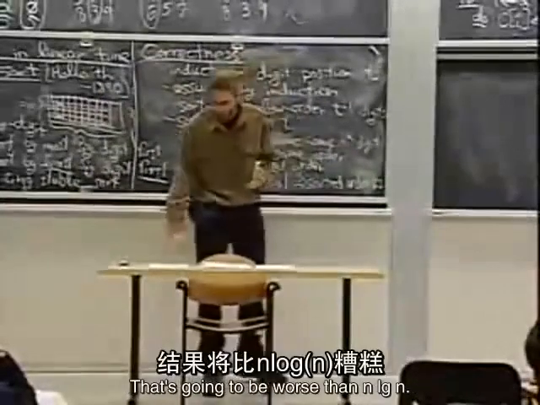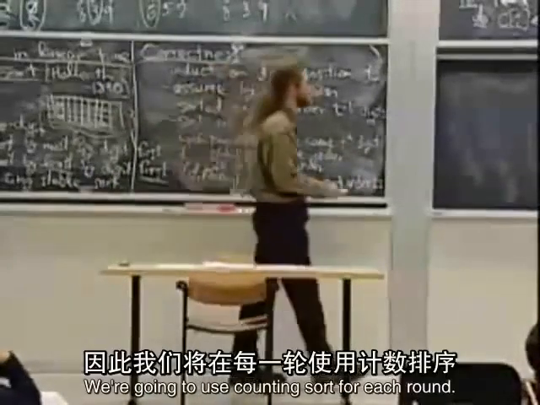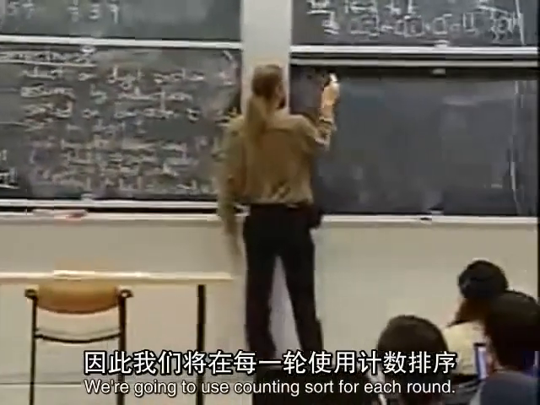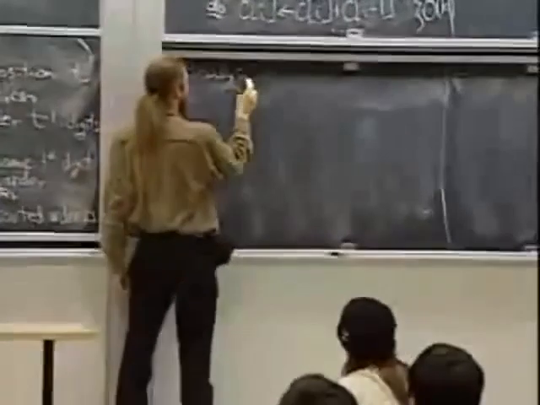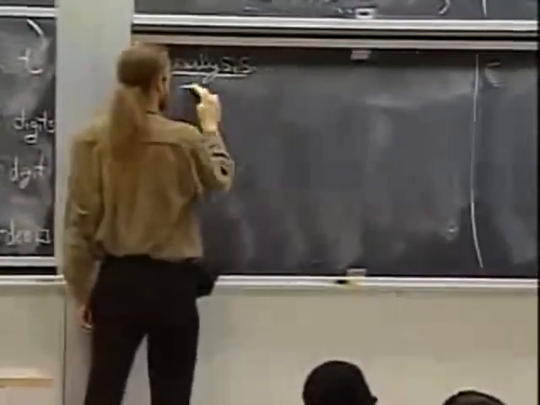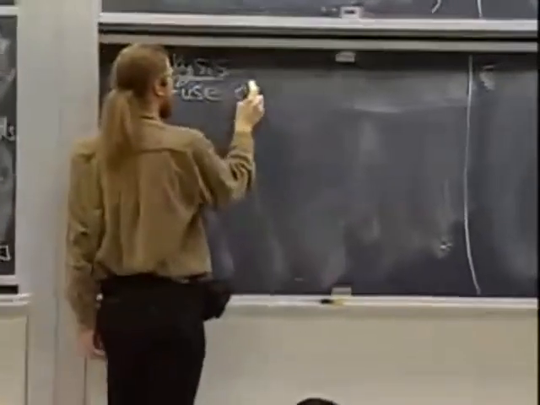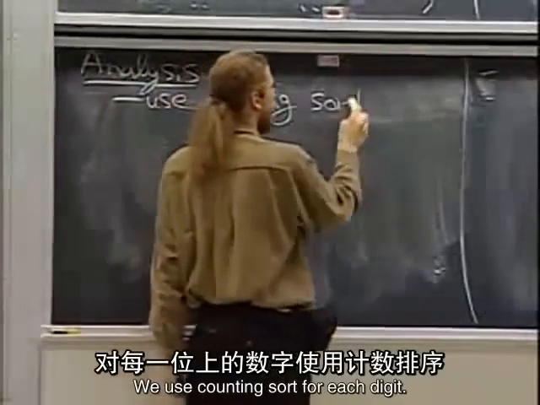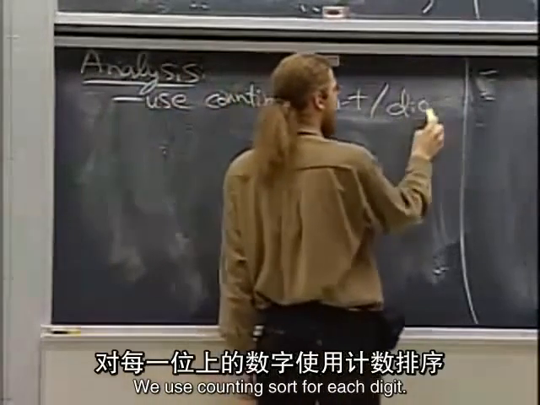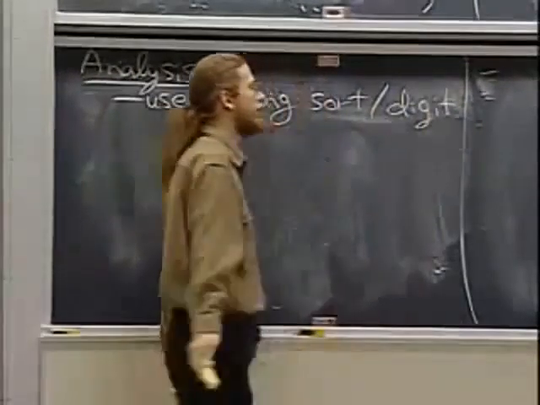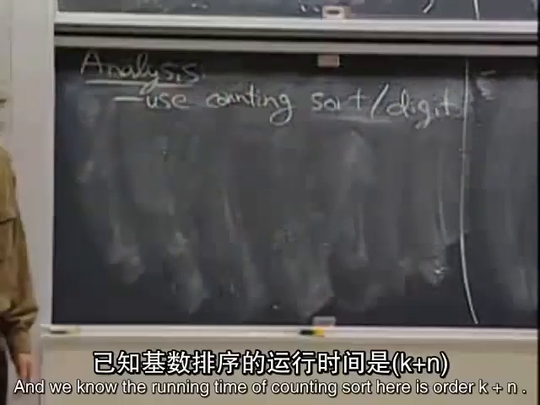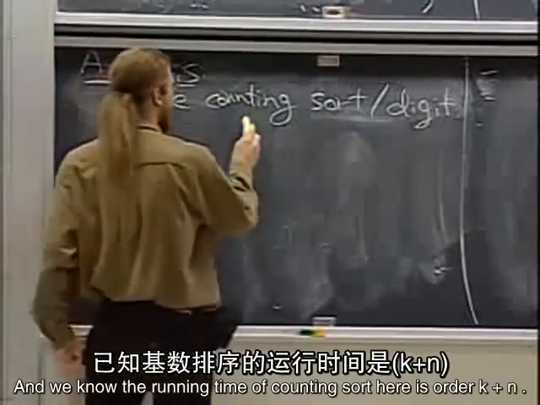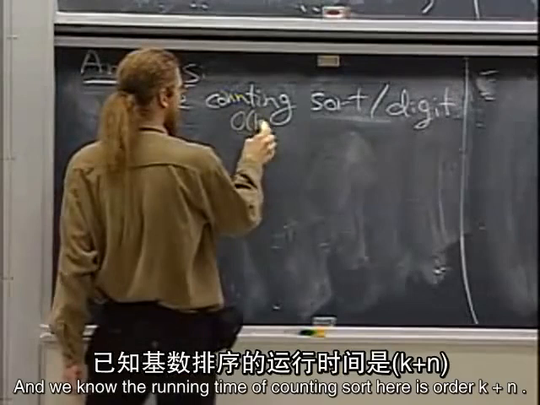That's going to be worse than n log n. So we're going to use counting sort for each round. So we use counting sort for each digit.